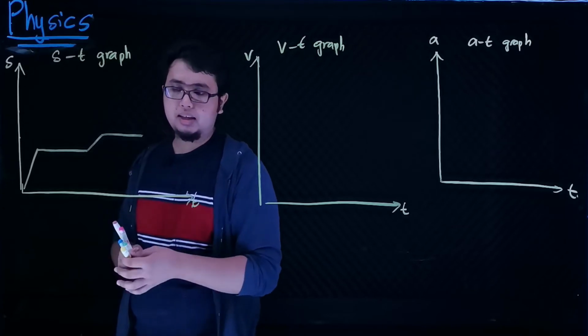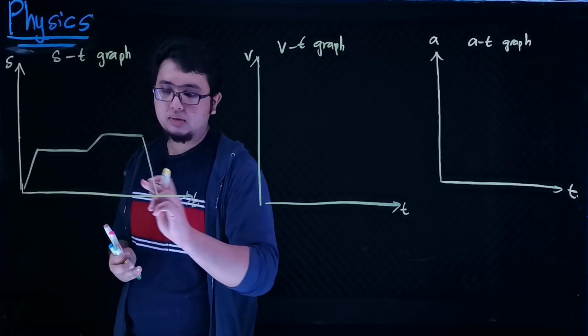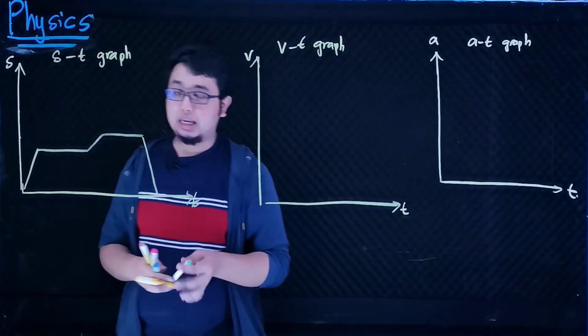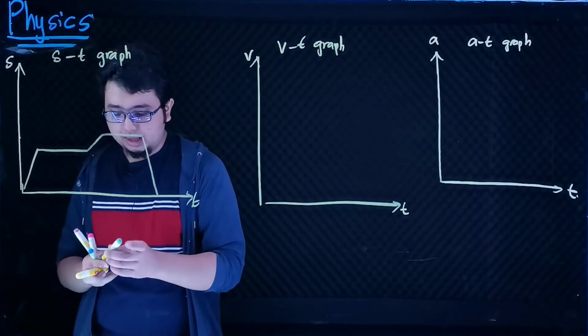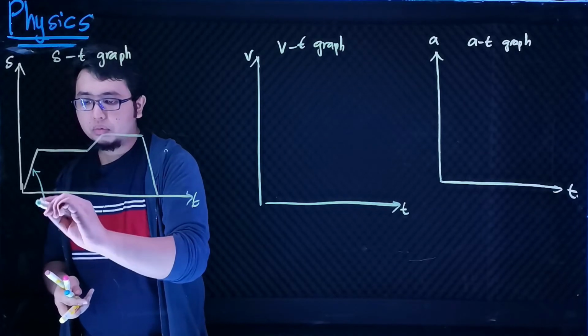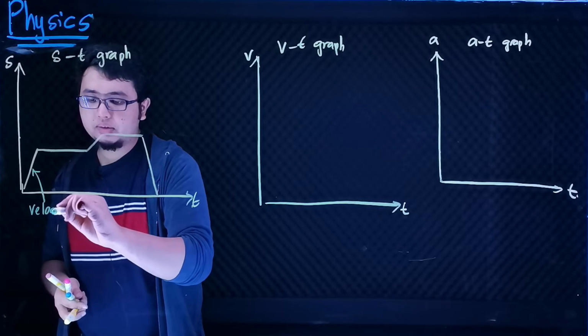We're going to talk about this later. So let's say the motion is something like this. Here we have several things that we can explain. The first thing is that this is where the motion is happening with constant velocity.